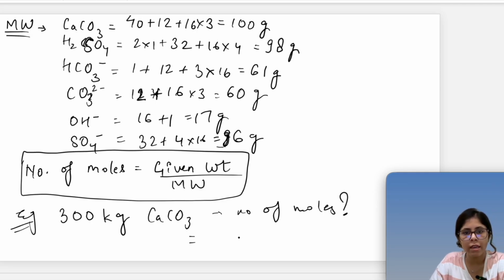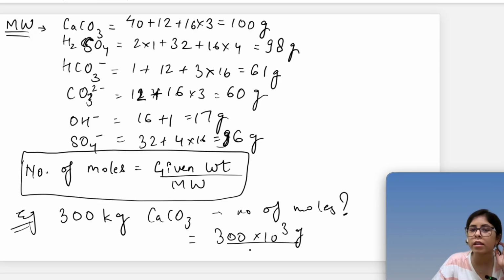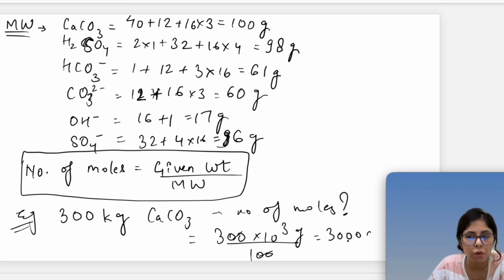The given weight is 300 kg. Molecular weight is in grams, so I need to change it into grams. So this is 300 into 10 to the power 3 grams, and the molecular weight is 100, so it's nothing but 3000 moles. So this is how the number of moles is calculated.